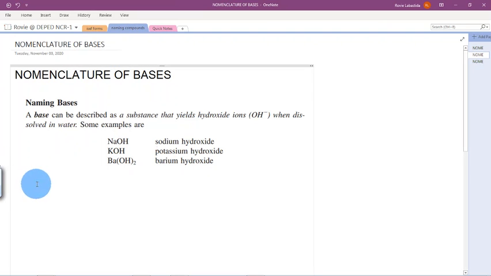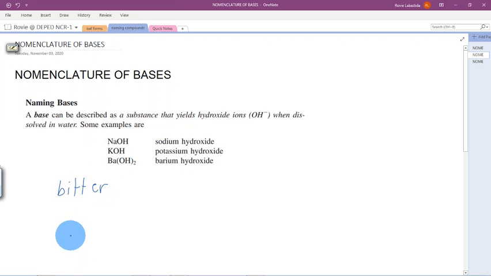Alright, now let us discuss the properties of bases. Okay, so one property of a base is it tastes bitter. So if acid tastes sour, a base tastes bitter.